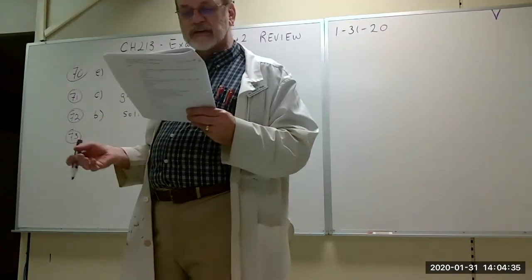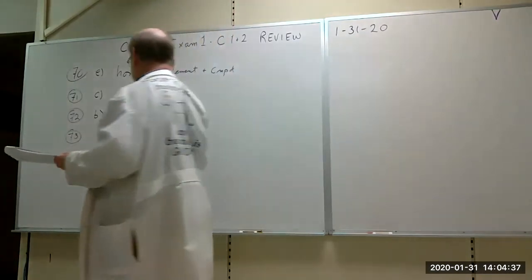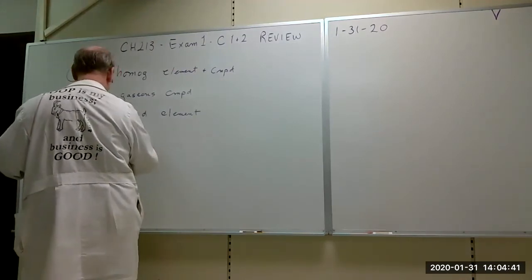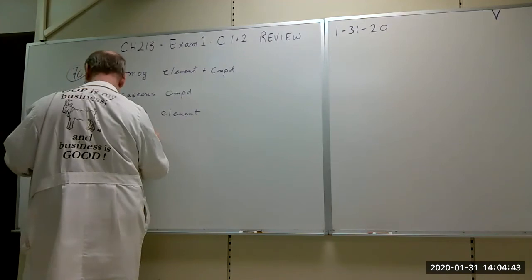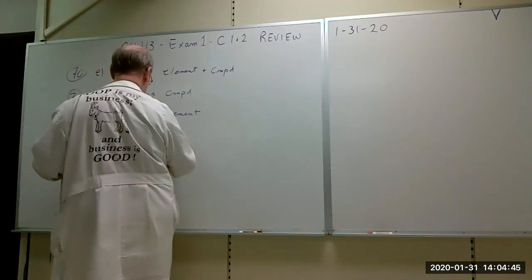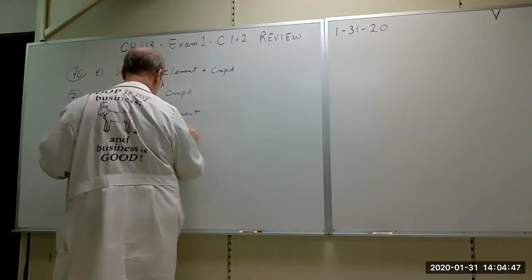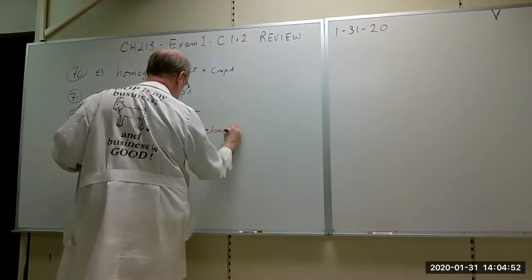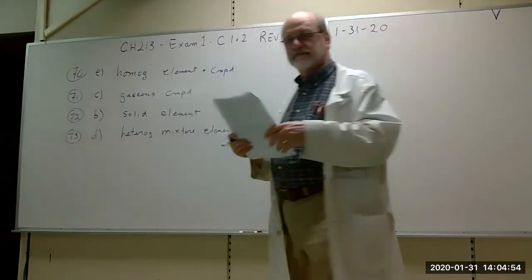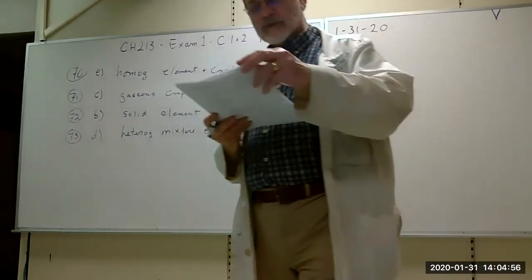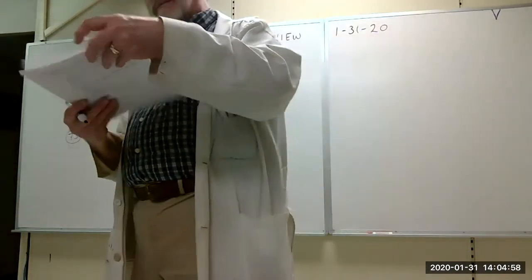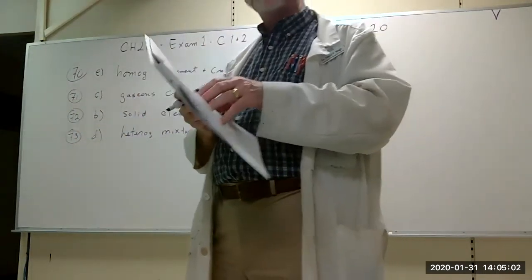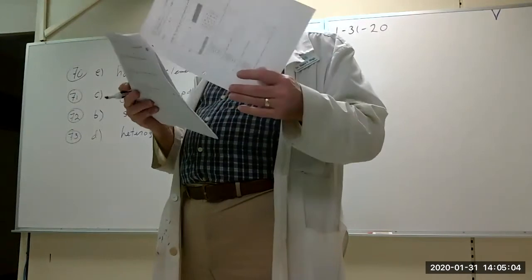And that, by process of elimination, leaves D as the heterogeneous mixture of elements. Okay? So that was the whole purpose of that little thing. Just see if you could interpret pictures.